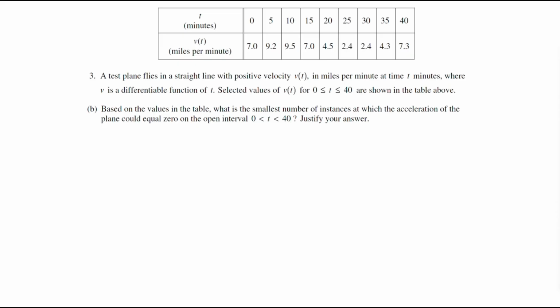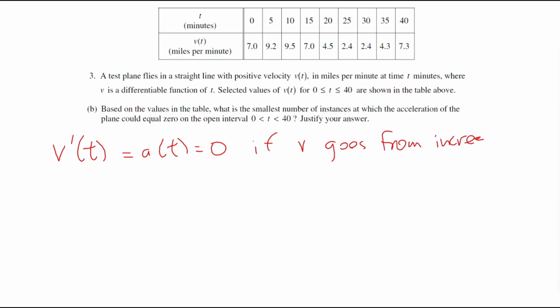And so we would say something like v prime of t, which is a of t, can equal 0 if v goes from increasing to decreasing, or vice versa.